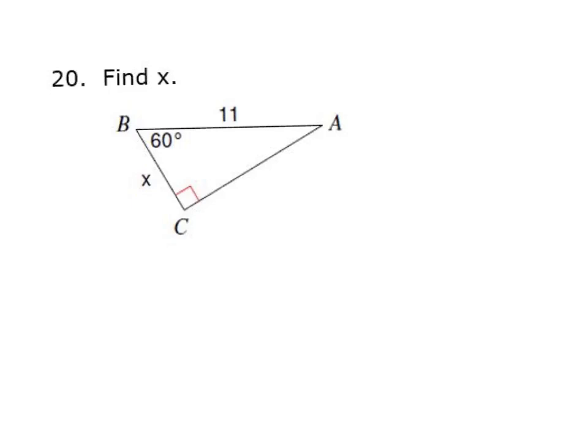On question 20, we have another right triangle. This one has an angle measure of 60 degrees, which means it is a 30, 60, 90. If you would like to use your special right triangle and do, you know, you have your x, x square root of 3, and 2x.